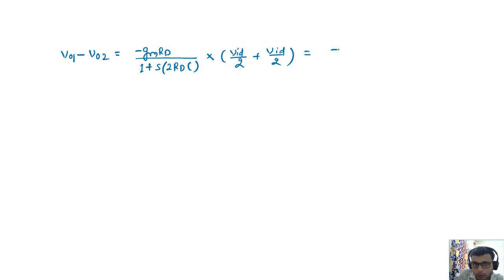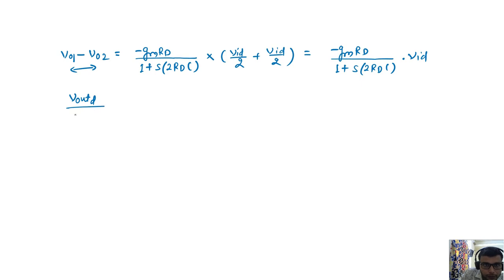So it results into minus GMRD by 1 plus S 2RDC times VID. So overall transfer function can be written for the output differential. So V out differential divided by V in differential equal to minus GMRD divided by 1 plus S 2RDC. Okay, this is the complete transfer function.